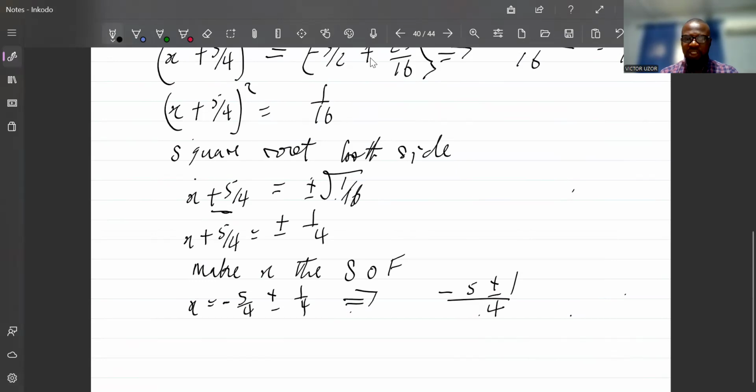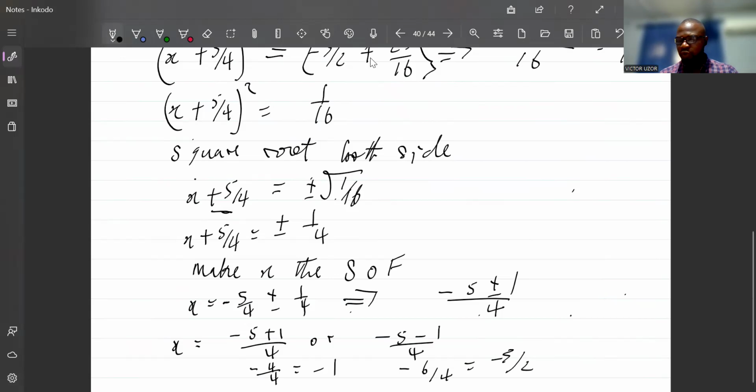So if I separate this, I will now have x is equal to negative 5 plus 1 over 4, or negative 5 minus 1 over 4. This one will give me negative 4 over 4, which is negative 1. And this will give me negative 6 over 4, which is negative 3 over 2.